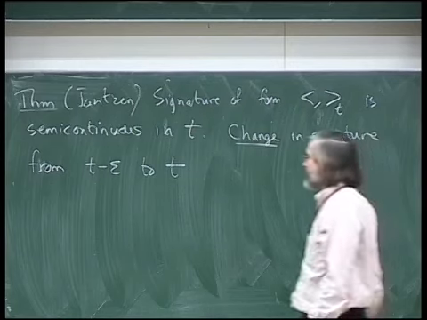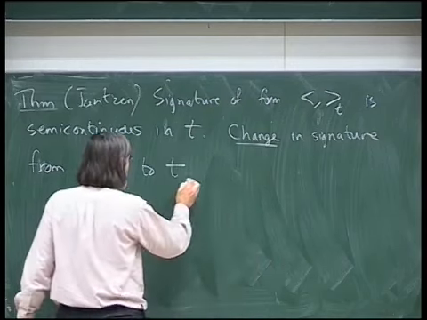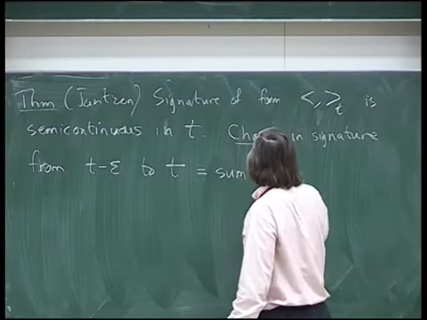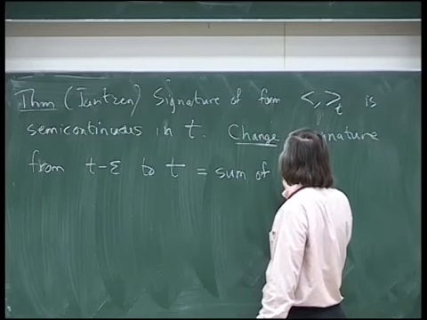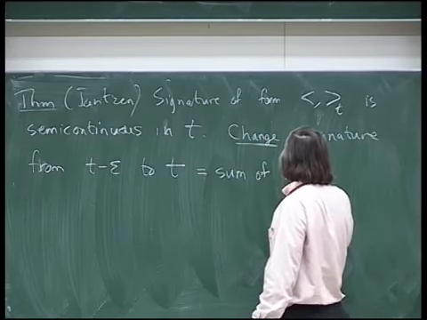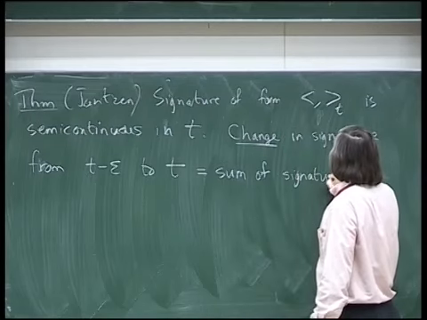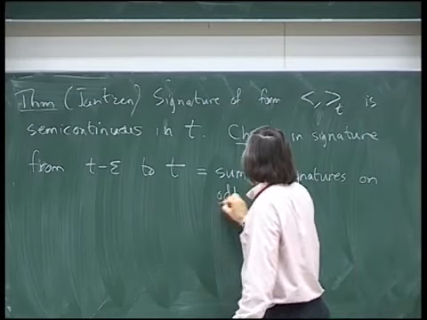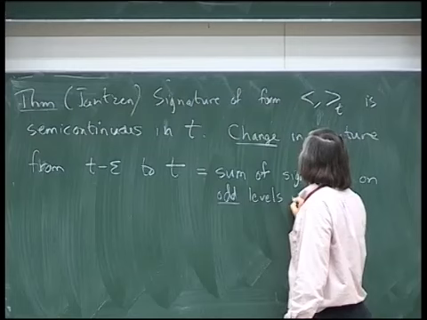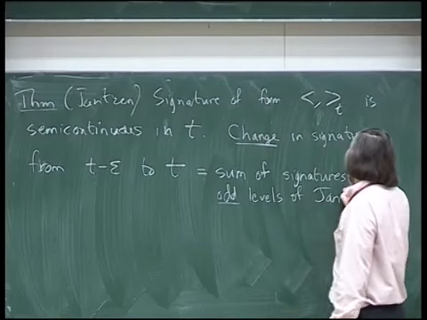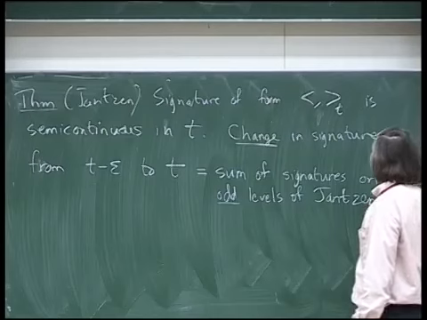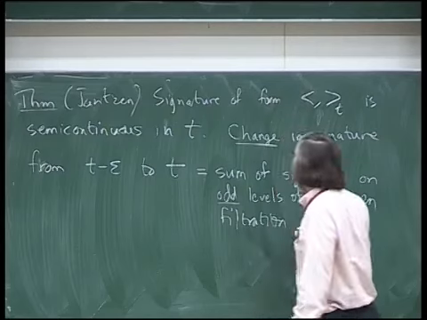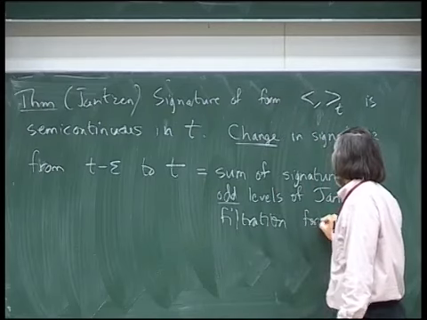And this change is the sum of the signatures on the odd levels of the Janssen filtration for T.